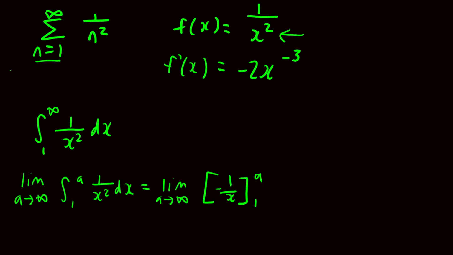If you plug all this in, it's going to be 1. And that's a finite solution. So our answer is the series converges. And boom, that's all there is to it.